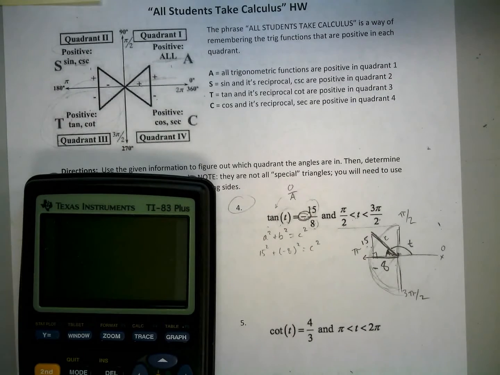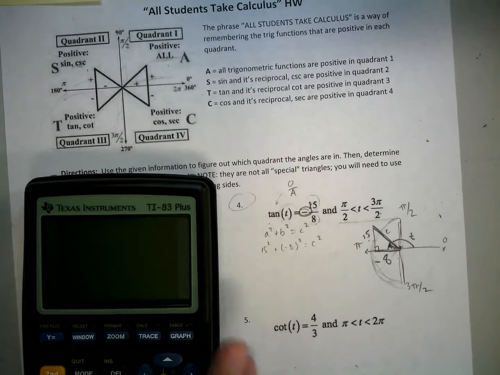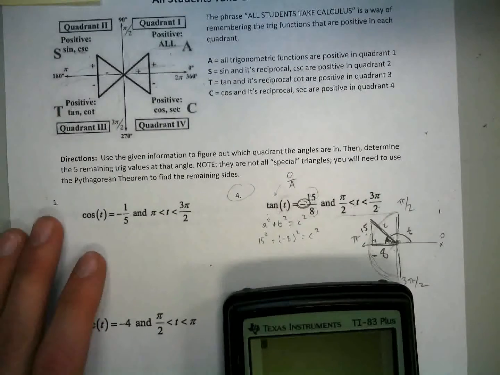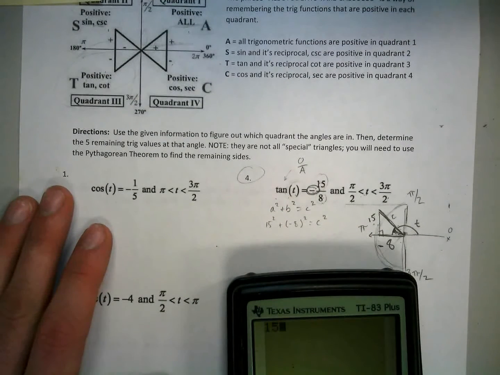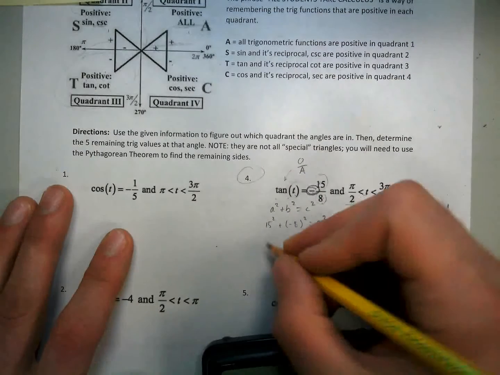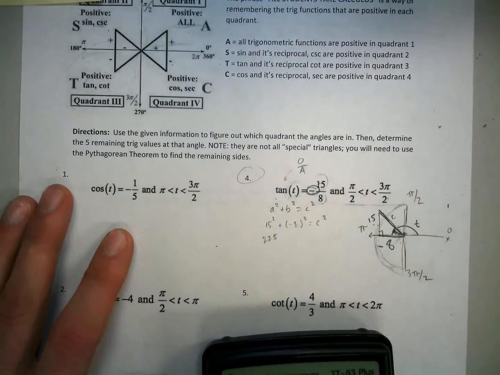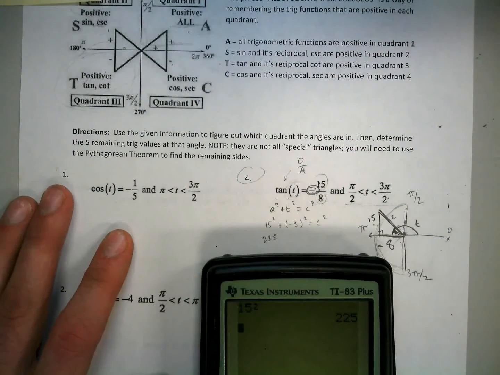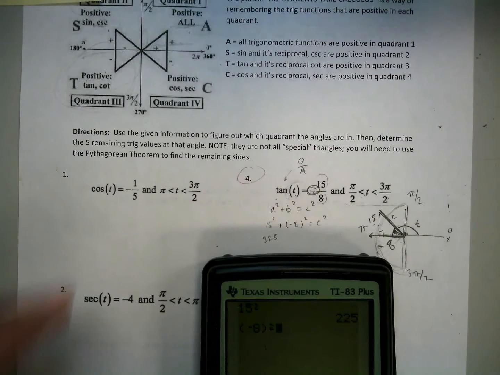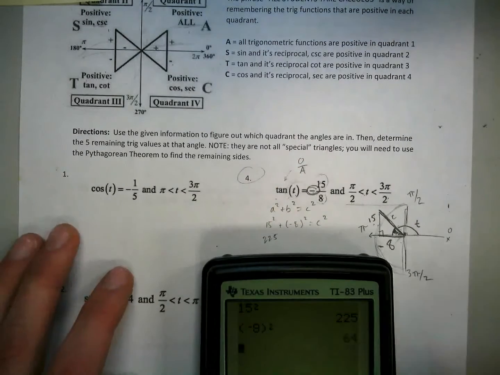So turn on. We got 15 squared, 225. Negative 8 squared, which you could just type in as 8 squared because it's going to come up positive. 64.